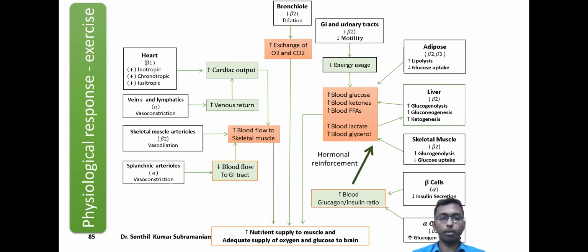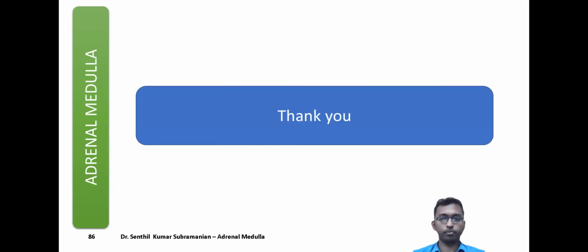As we have seen in the example of exercise, though catecholamines act on various organs, all these responses come together to bring about a desired change: increasing the nutrient supply to the muscle while at the same time maintaining adequate oxygen and glucose to the brain. Thank you.